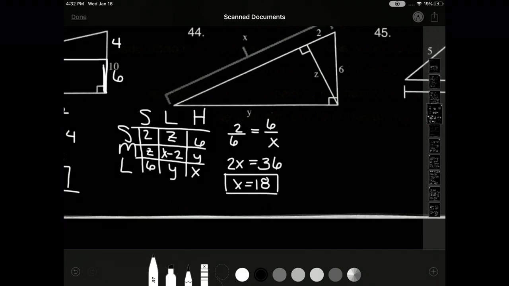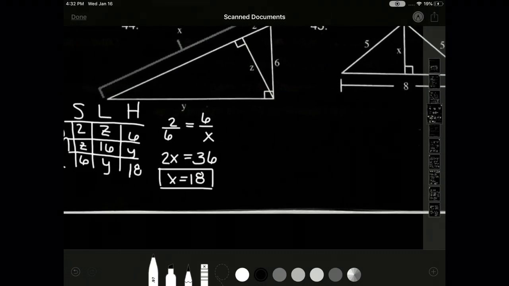So we can actually use that information now and erase some of our x's and replace them. So this one was x, so now it's 18. This one was x minus 2, so 18 minus 2 is 16. So now we can solve for y and z. So 16 over y equals y over 18.